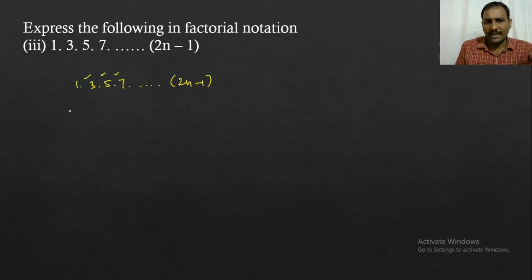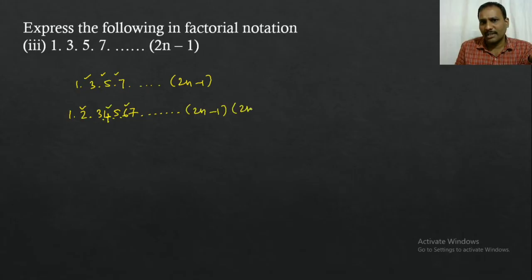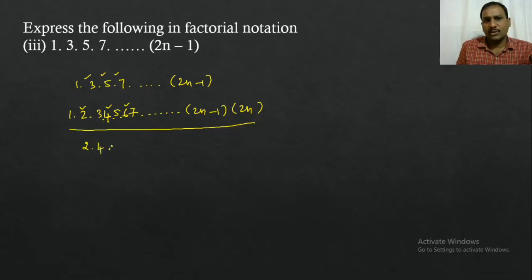Now this can be written as 1 into 2 into 3 into 4 into 5 into 6 into 7 and so on up to 2n minus 1 and the last number 2n, divided by 2 into 4 into 6 into 8 into up to 2n.